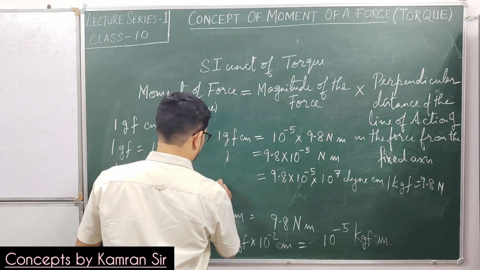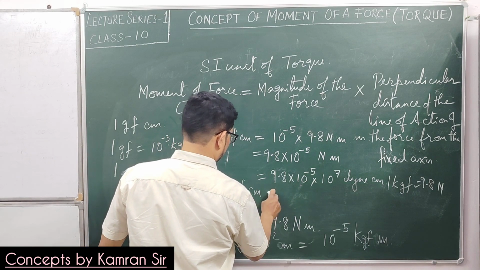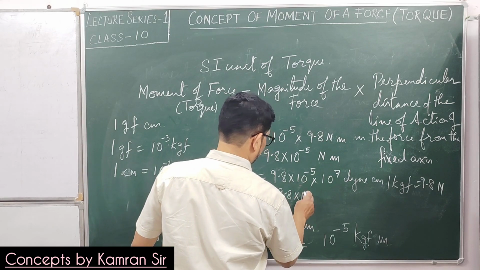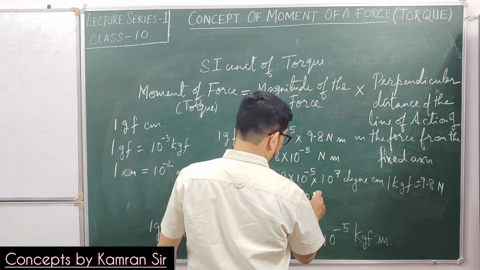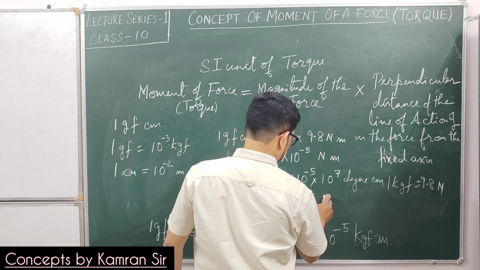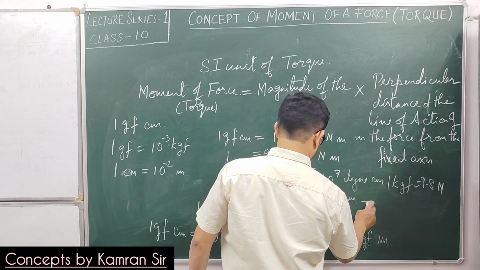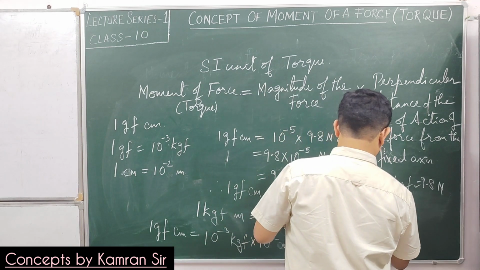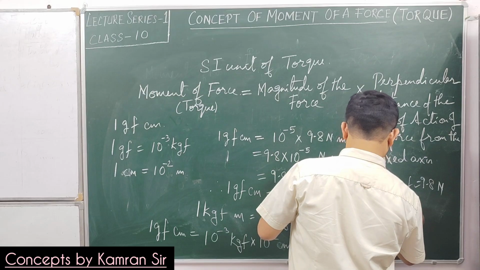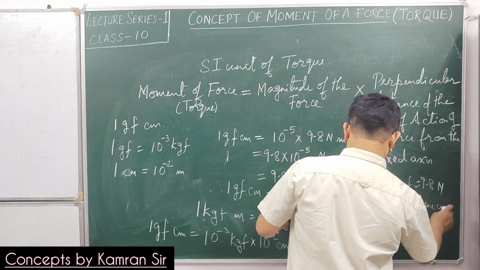So 1 gram force centimeter is equal to 9.8 into 10 raised to the power, minus 5 and 7 comes out to be 2, 10 raised to the power 2 dyne centimeter, which is equal to 9.8 into 100 dyne centimeter.